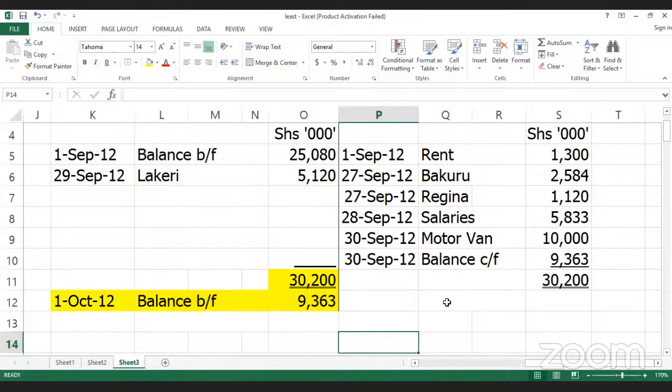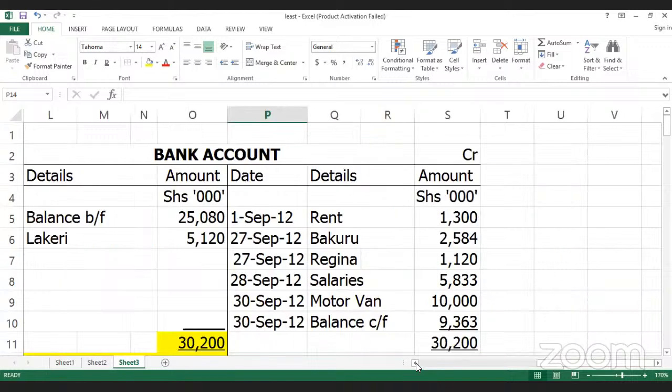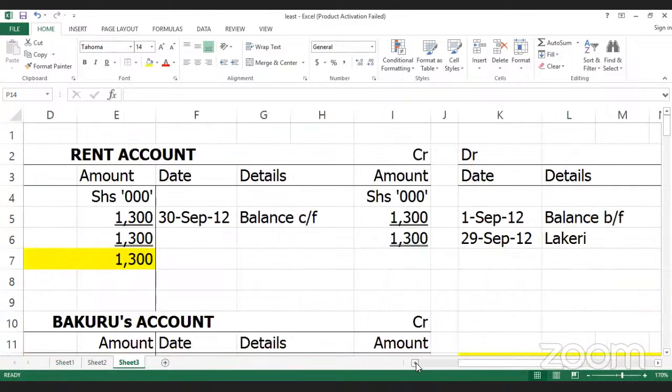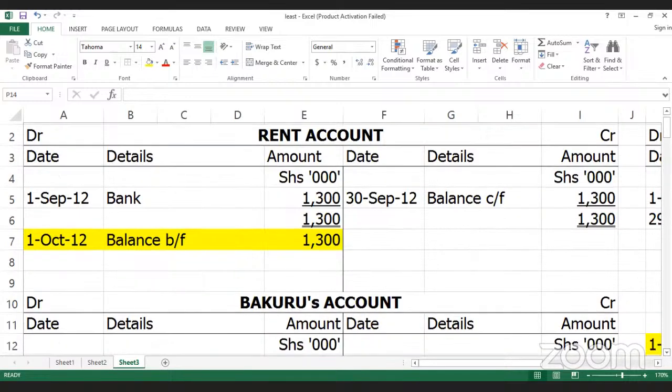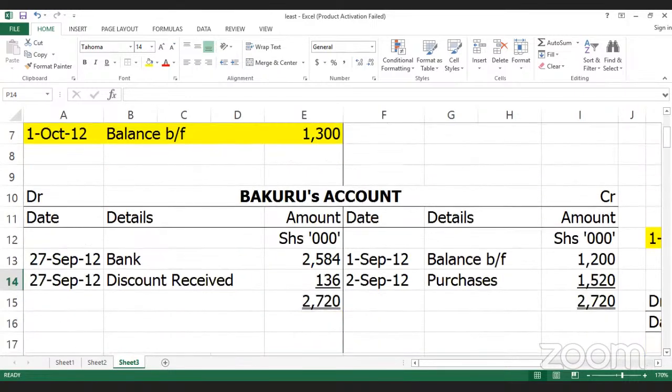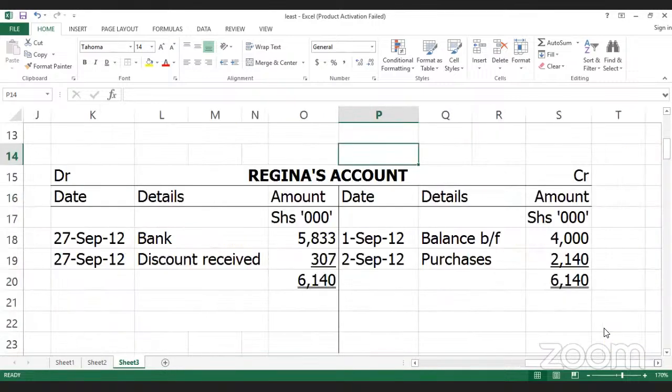So that's how we balance the accounts. That is the bank account. It has been balanced also. Rent account was balanced. So Nakuru was also balanced, the closed account. We can now go to Regina's account. When we look at Regina's account, what happened to the account?